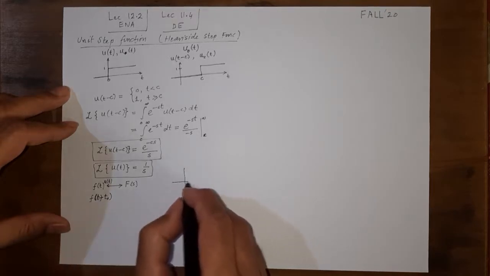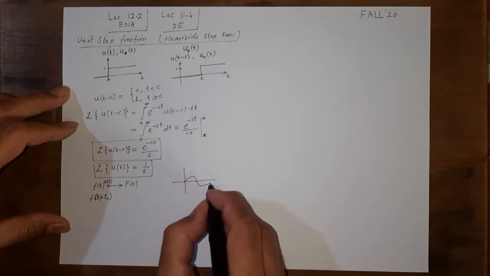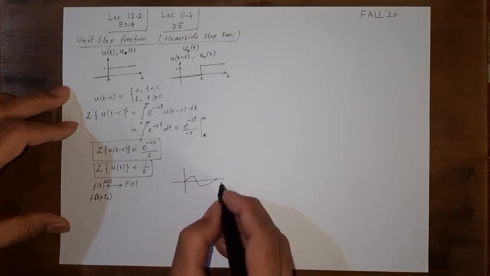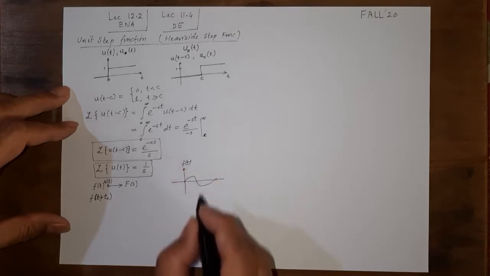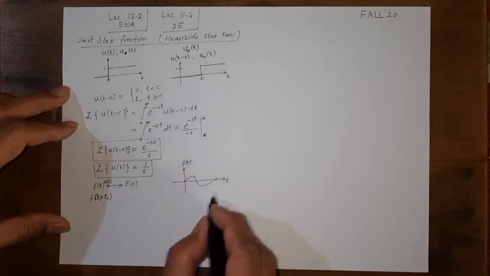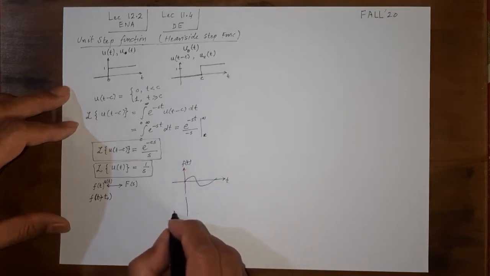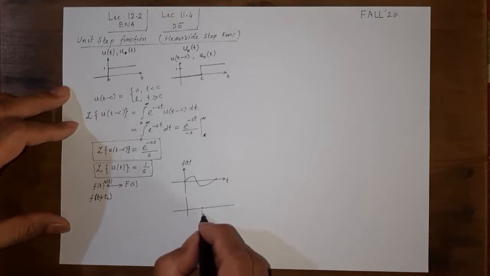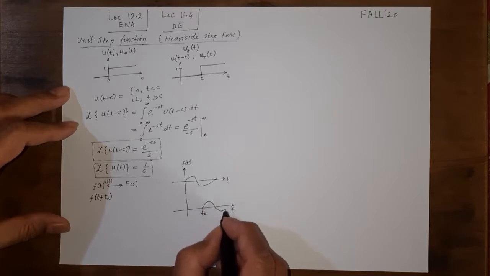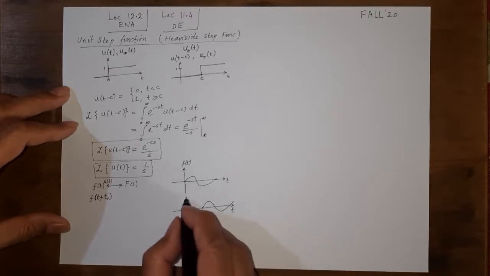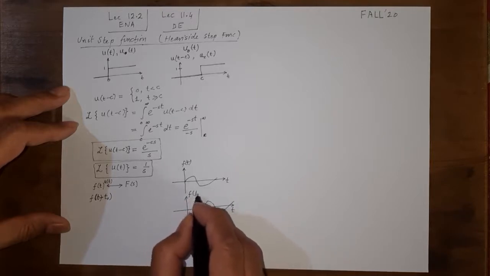Suppose this is f(t), and we just shift it to some value t naught. So this becomes f(t minus t naught). There is a delay of t naught.